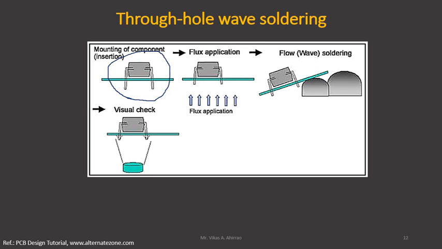So here first of all we have to complete the component mounting, then the flux will get applied from the bottom of the PCB, then the conveyor, as it is tilted at a certain angle, the components which are mounted will pass over the wave of the solder metal, and then the soldering process will take place. But after each PCB passes over the wave, you need to carry out a visual check.